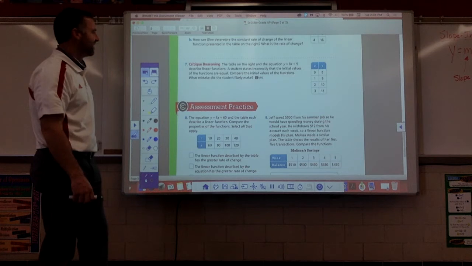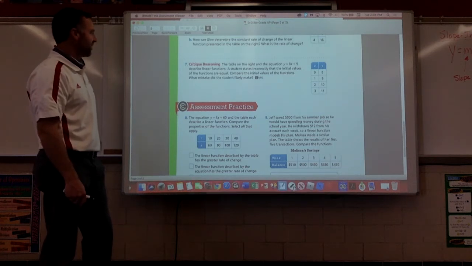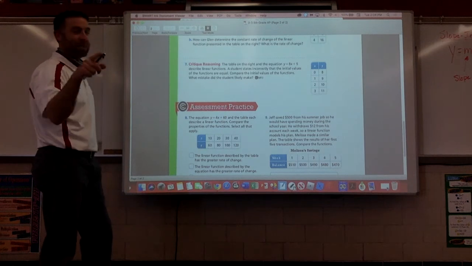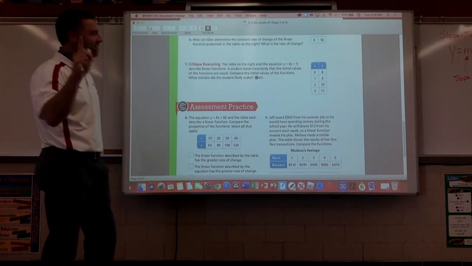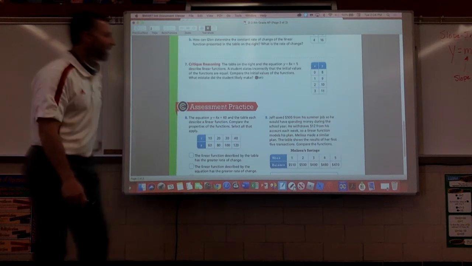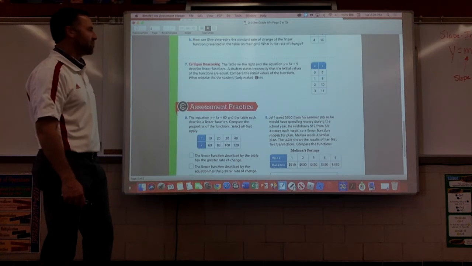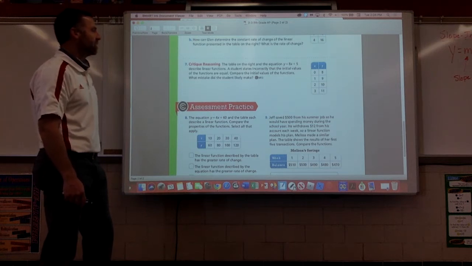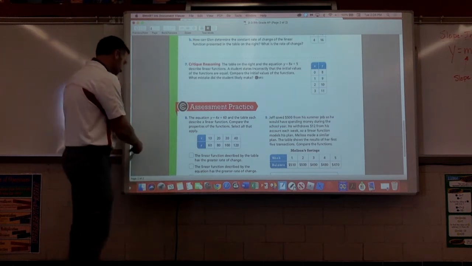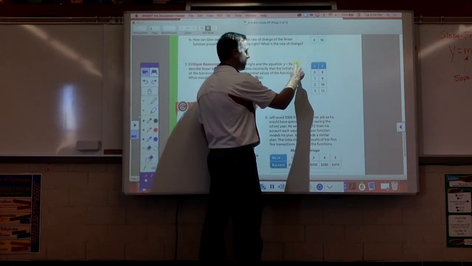Critique. The table on the right and the equation y equals 8x plus 5 describe linear functions. That means they both increase or decrease at a constant rate. A student incorrectly, probably a student named Ryan, states that the initial values of the functions are equal. Compare the initial values. Initial value, 5.